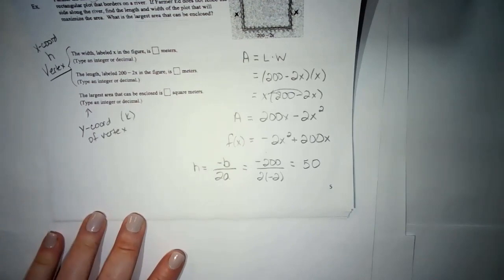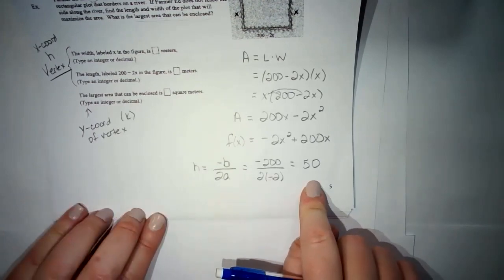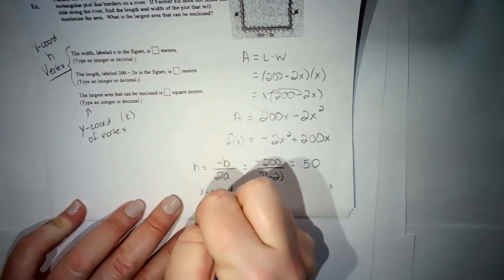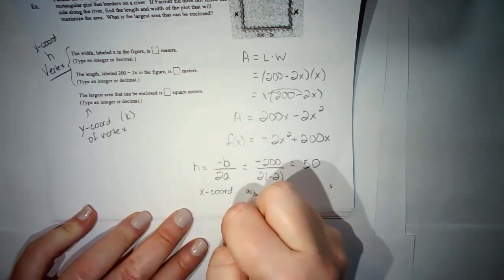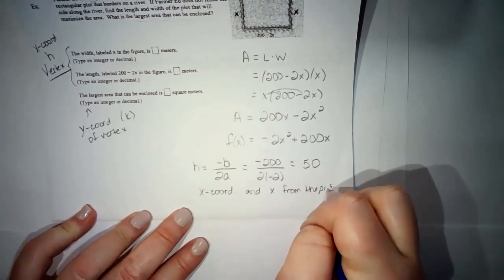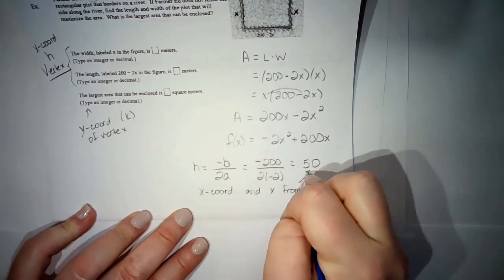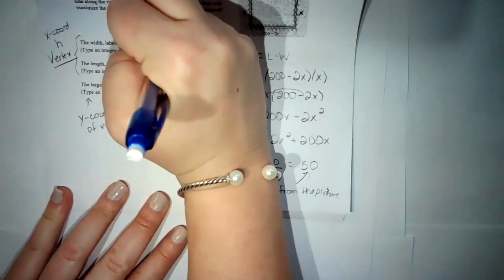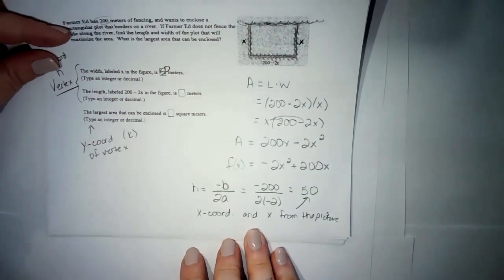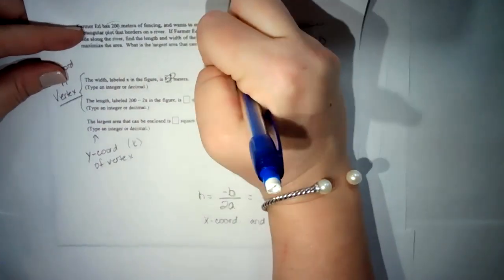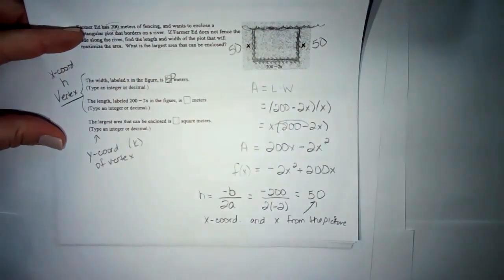So this is h for the vertex. It's also the x from the picture. So we can come up here and write in 50 right there. This is going to be 50 meters on each side. We found that. Everybody okay with that?